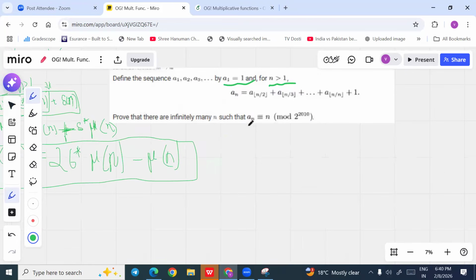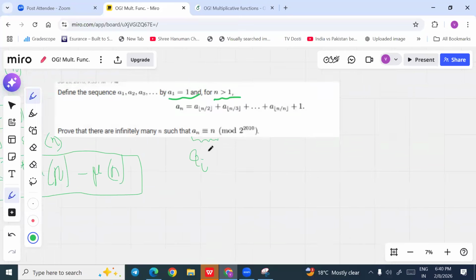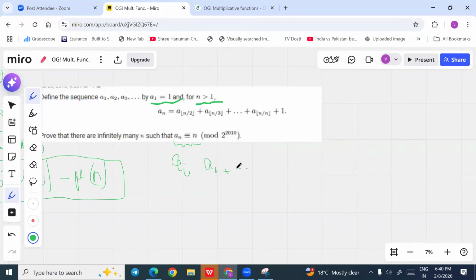So see the condition that you want to prove: an is congruent to n mod 2 to the power 2010. So the idea is, if you could find some consecutive terms, let's say a(i+1) through a(k), where k is very, very large, and all these are the same mod 2 to the power 2010, then one of these has to have its index be the same mod 2010.